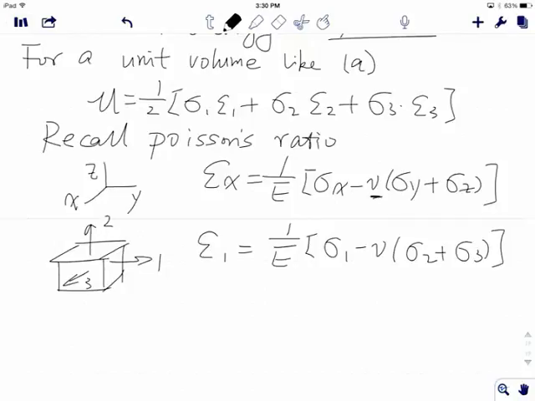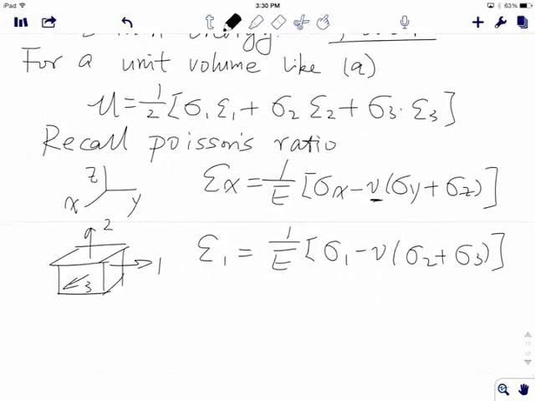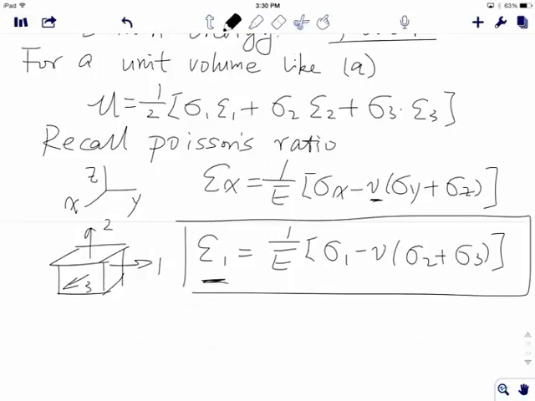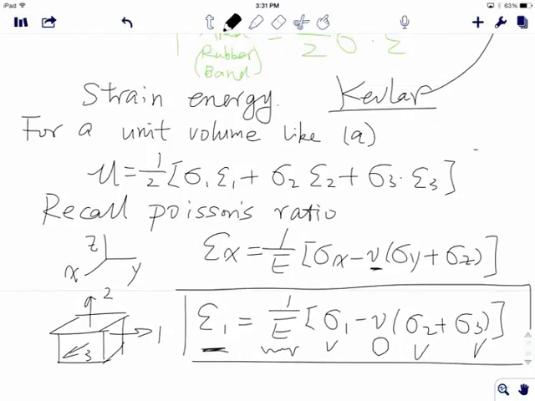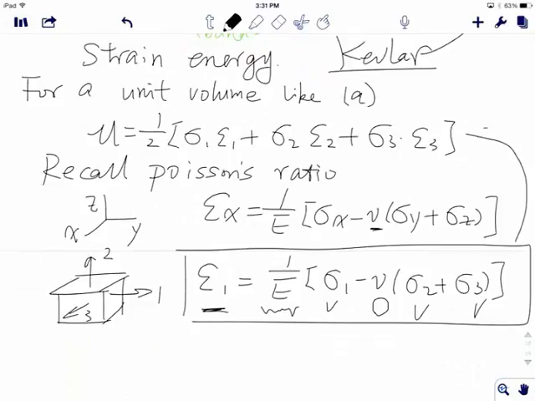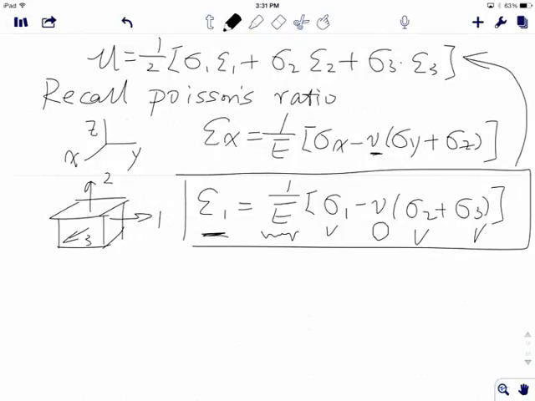So this equation tells you strain is a function of stress applied, of Poisson's ratio, and also of Young's modulus. I plug this equation back to here to get rid of all the strain components.